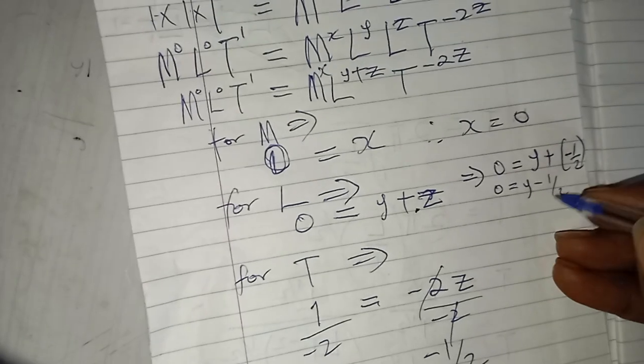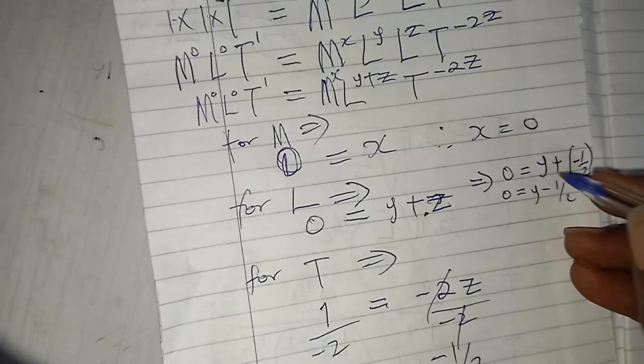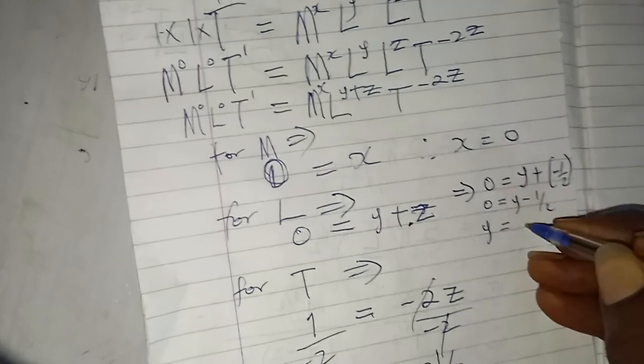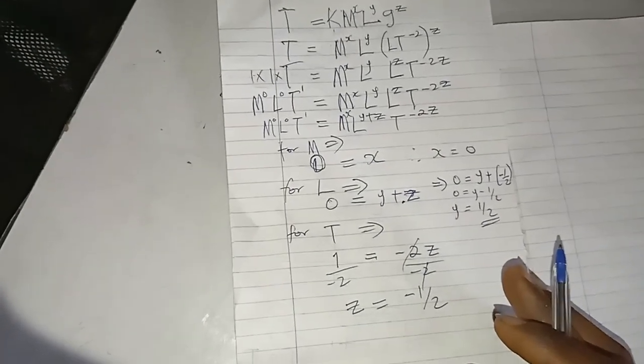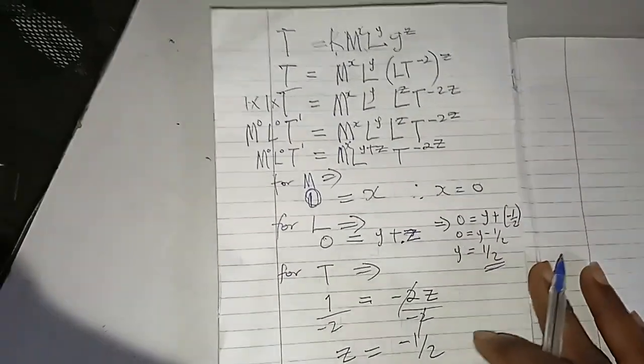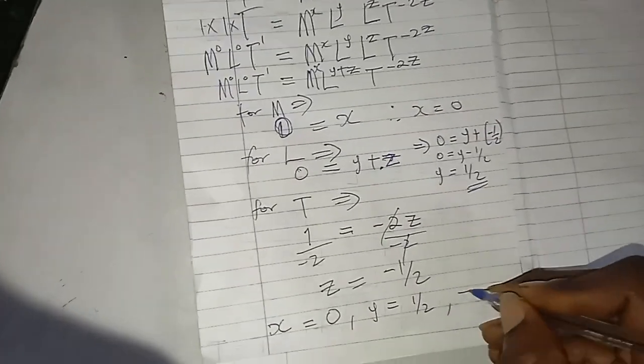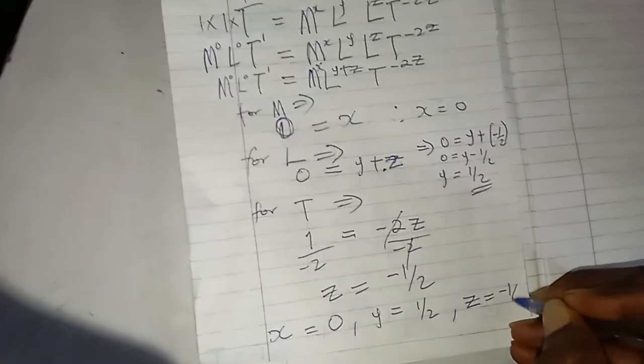If you want to make y the subject of the formula, this minus half will cross the equality sign, so that I will now have that y is equals to half. Which means that x is equals to 0, y is equals to half, and z is equals to minus half.